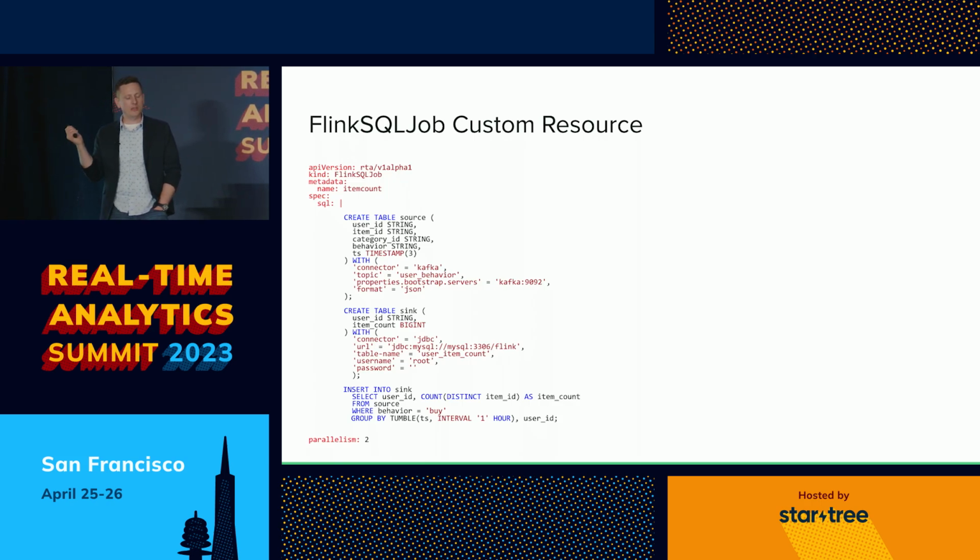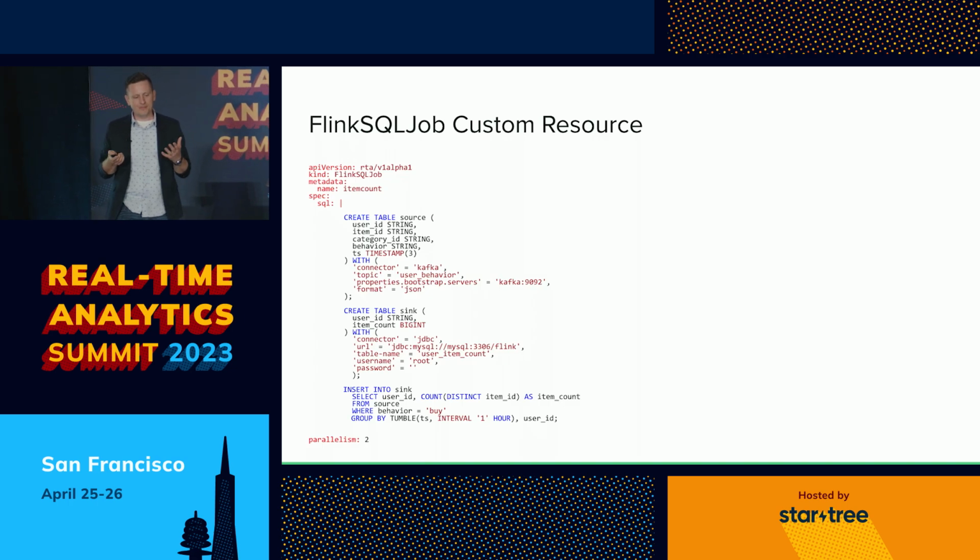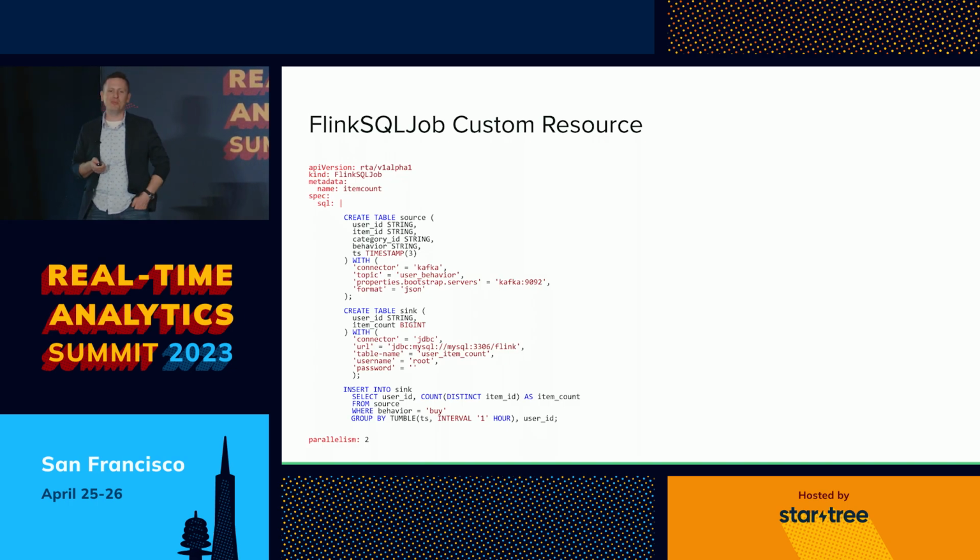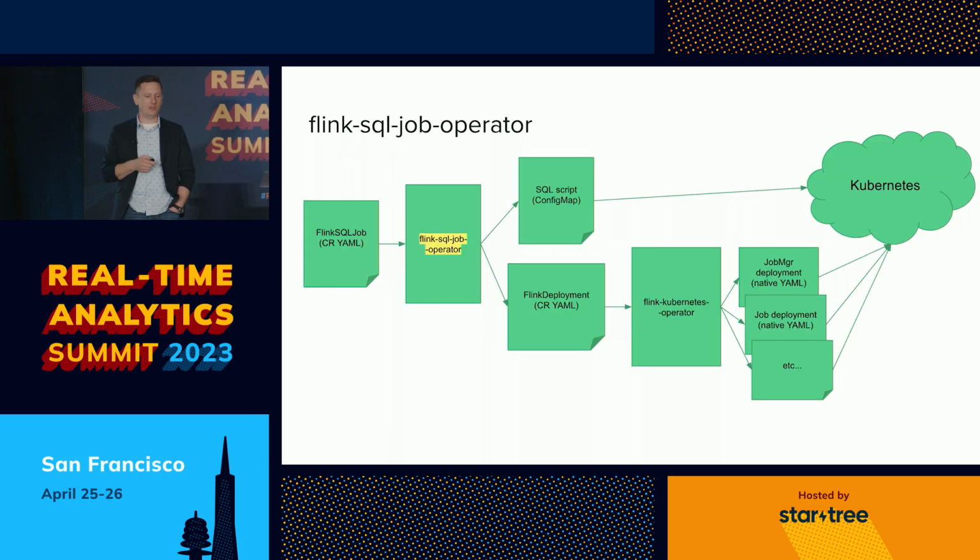The important part here is that I have the SQL for my job in that same file. So now I have one file. It's got a name and some SQL, and that's pretty much it. So this is pretty declarative, right? It's pretty simple. If all I have to do is write this and deploy it, then that's a pretty good experience.